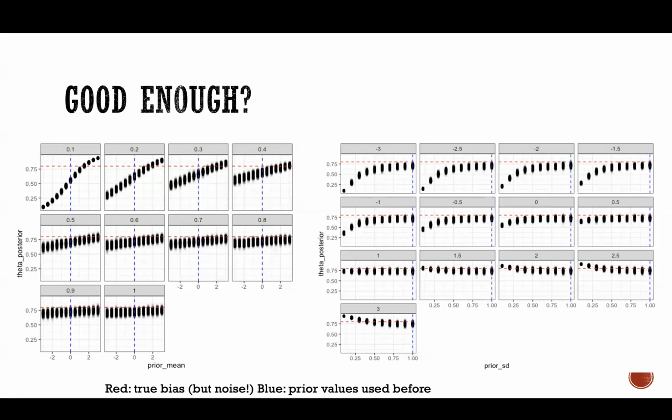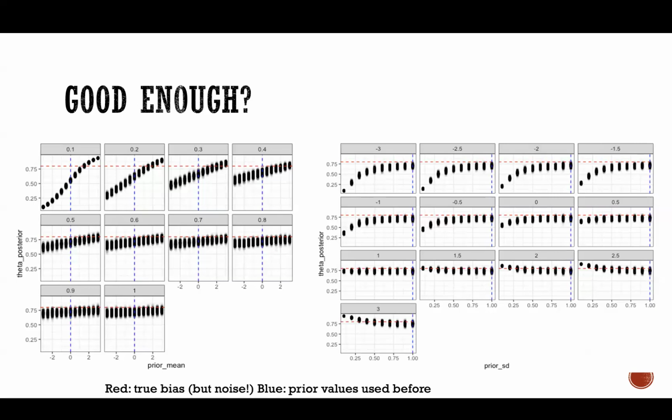And then here we can plot it the opposite way. If we vary the prior standard deviation, how does the theta posterior change as a function of it, independent of the prior mean? And again, we see what we were seeing there, that basically independently of the prior mean, what's really having a big impact is how confident the prior is.